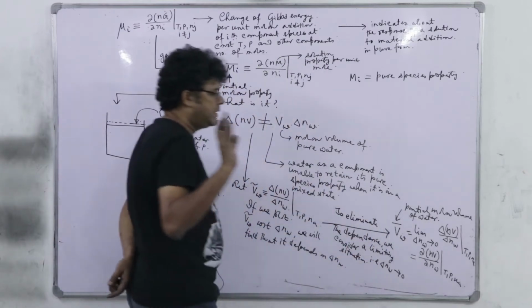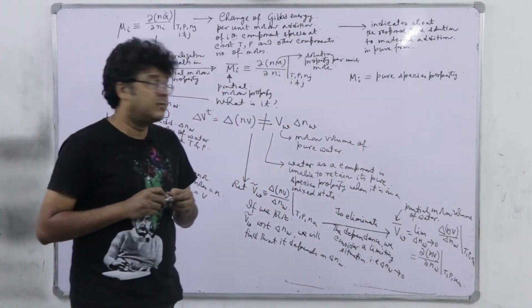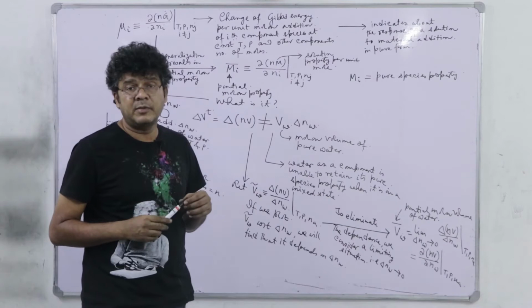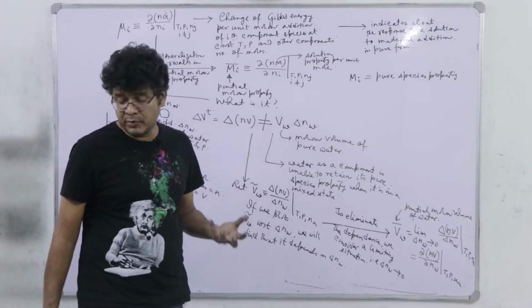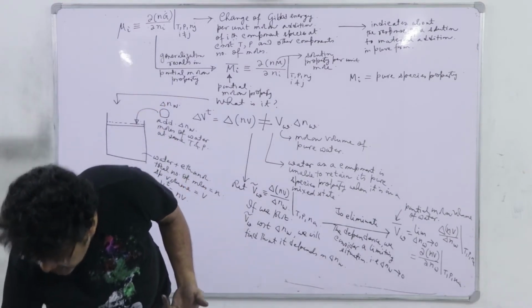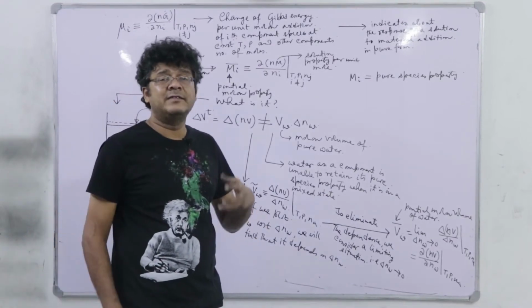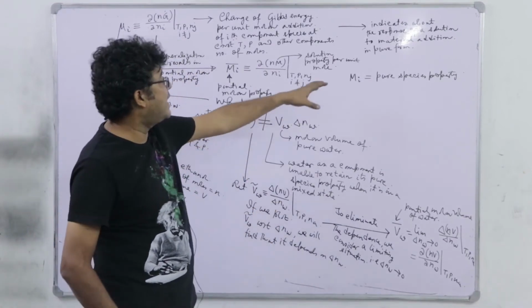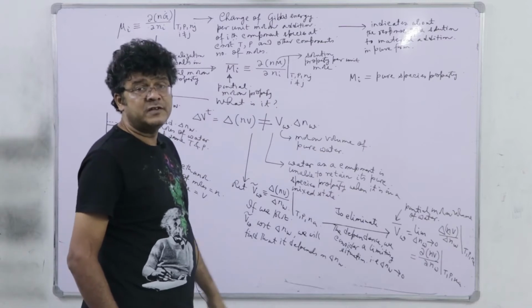So, we have got a basic understanding regarding what is referred to as the partial molar property. It is a property per unit mole that a component species must have once it is in a solution, and that is why it is divergent from the pure species property.